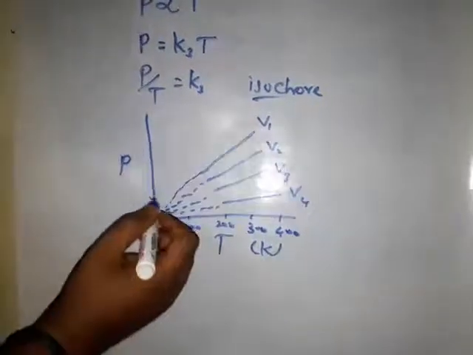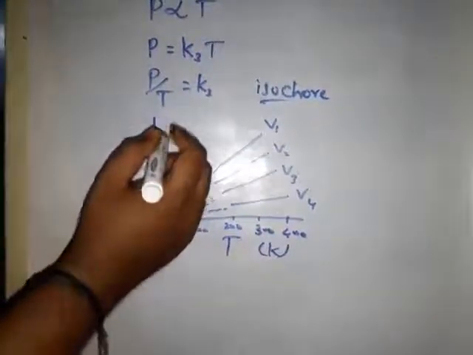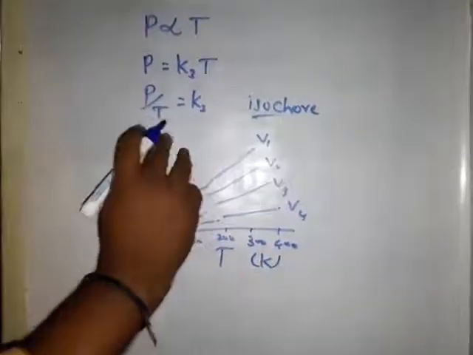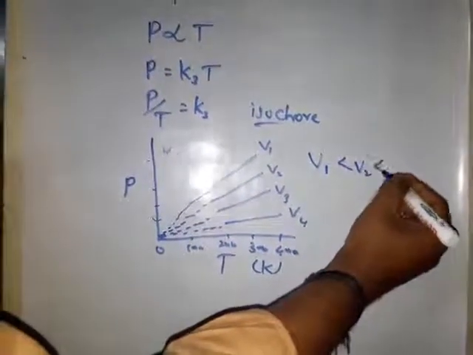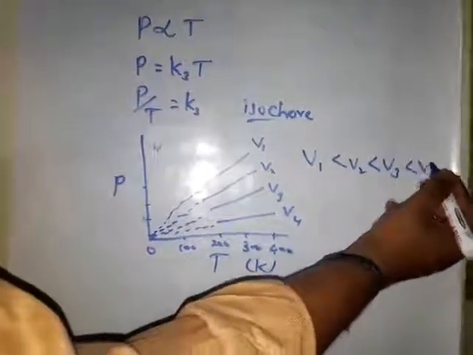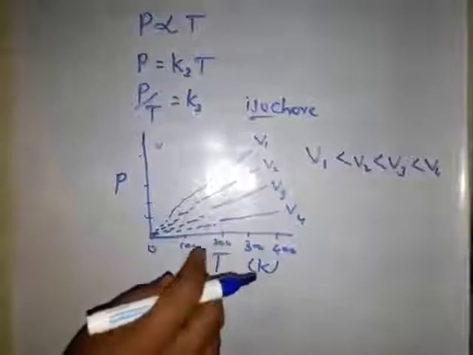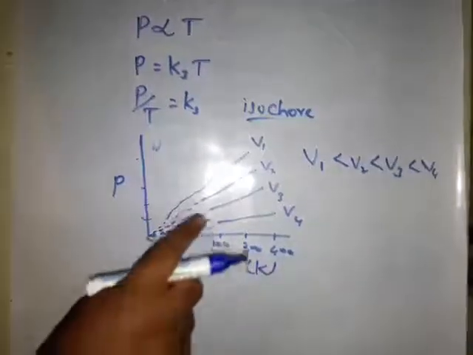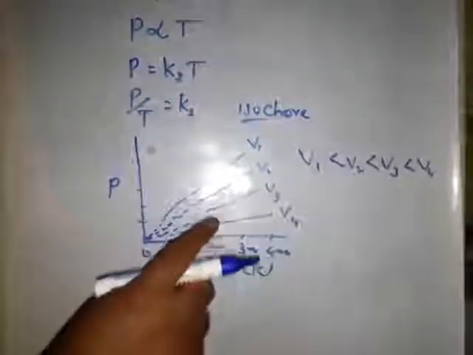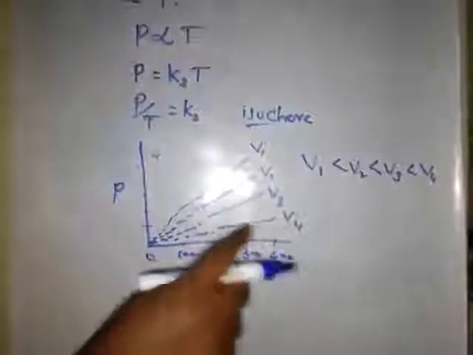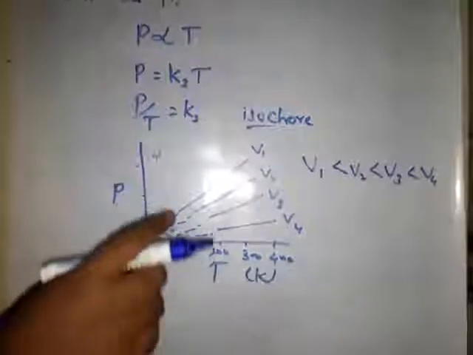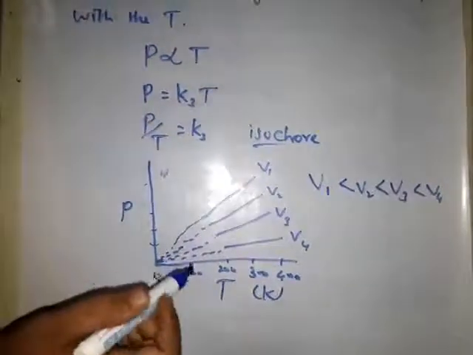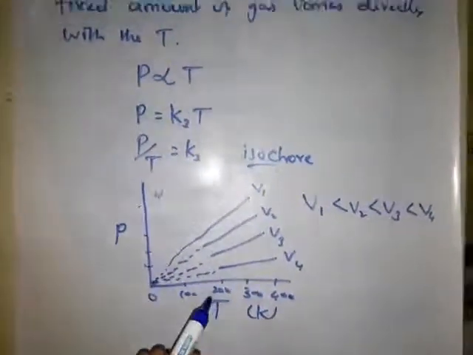See that the volumes are like this: V1 is less than V2 is less than V3 is less than V4. So this graph is called an isochore, that is, the pressure versus temperature graph of gases. So this is called Gay-Lussac's law, the relationship between pressure and temperature.